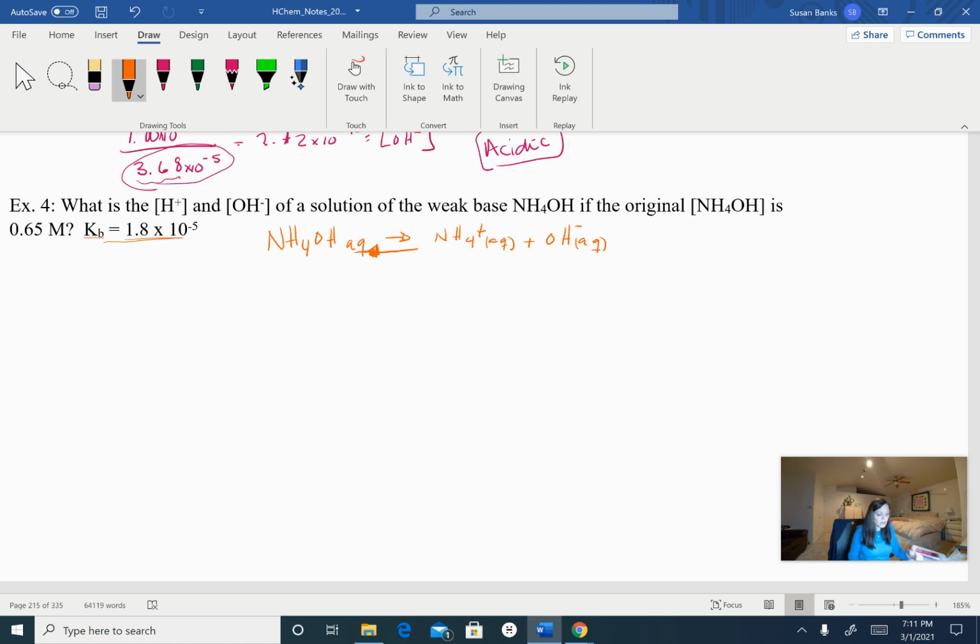When we create an equilibrium constant like this, and this is a weak base constant, but in reality it is an equilibrium constant, we always put the concentration of the products, and remember, these are molar concentrations, moles per liter, over the concentration of the reactants. Now they have to be in concentrations, moles per liter.